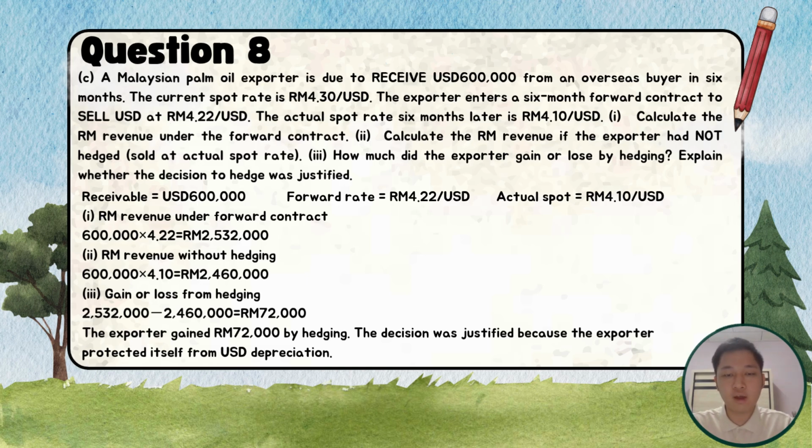RM 2,532,000 minus RM 2,460,000 equals 72,000 ringgit. Therefore, the exporter gains RM 72,000 by hedging. The decision to hedge is justified because the forward contract protected the exporter from US dollar depreciation.